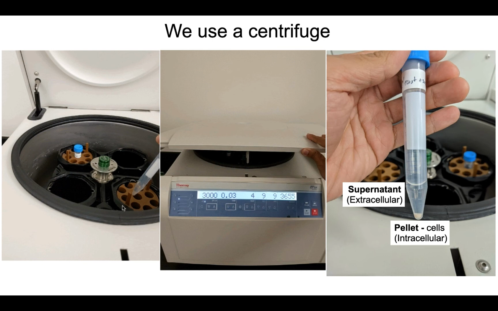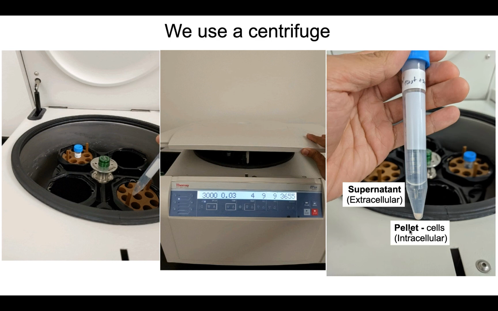And what that does is it forces the more dense particles to the bottom of the tube, and the less dense liquid stays towards the top. And so after you spin, and you pull your sample out, look at that. All that at the bottom, those are all the cells that were initially equally dispersed within that solution, but because we centrifuged it, they all went down to the bottom.